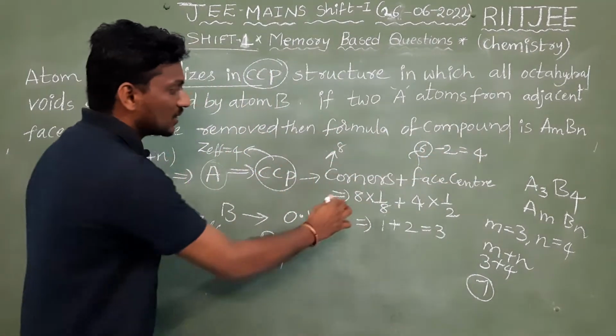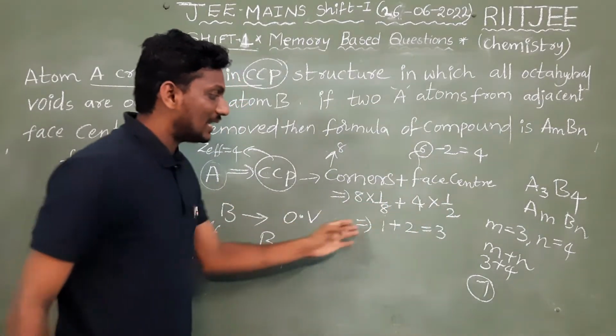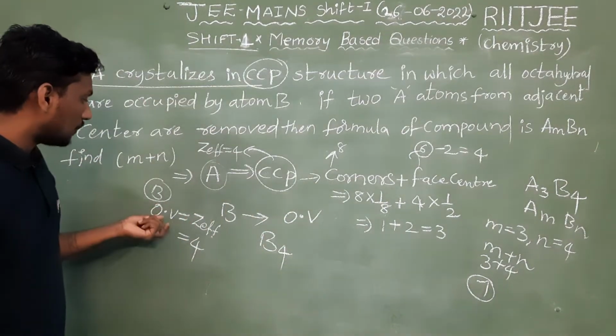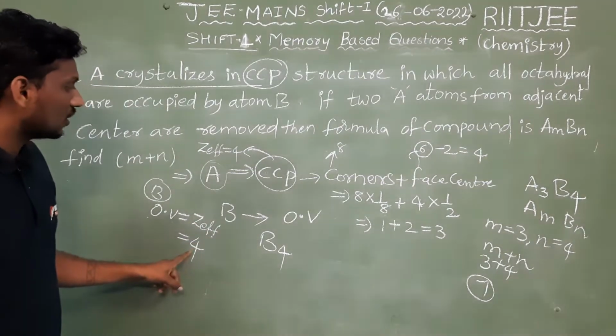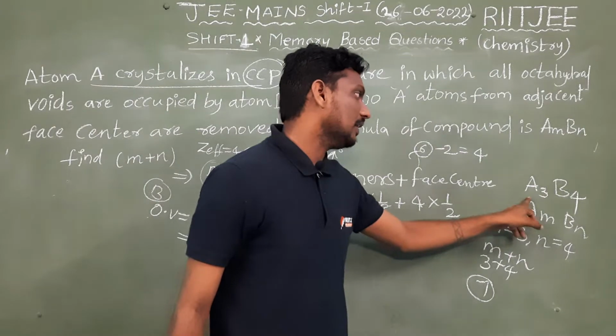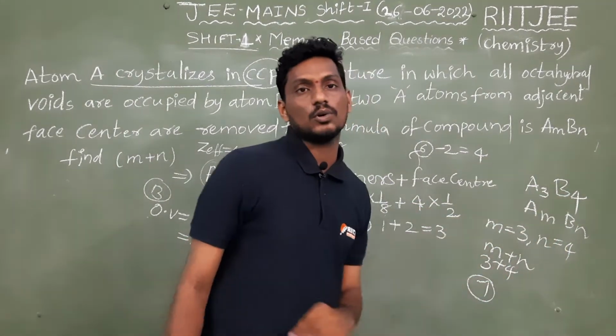Now the contribution of 8 corners is 1 by 8, so 8 into 1 by 8 plus 4 into 1 by 2. Now A atoms we got 3. And one more point we know is that the number of octahedral voids is equal to Z effective. Here Z effective is equal to 4. Number of B atoms is also 4. The formula will be A3B4. M is 3 and N is 4. That M plus N is equal to 7, my dear.